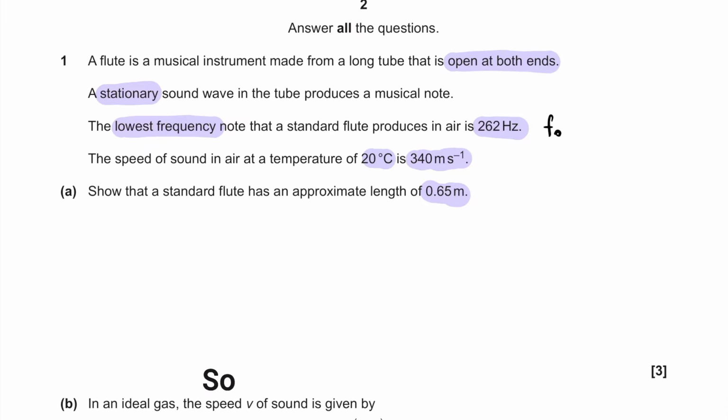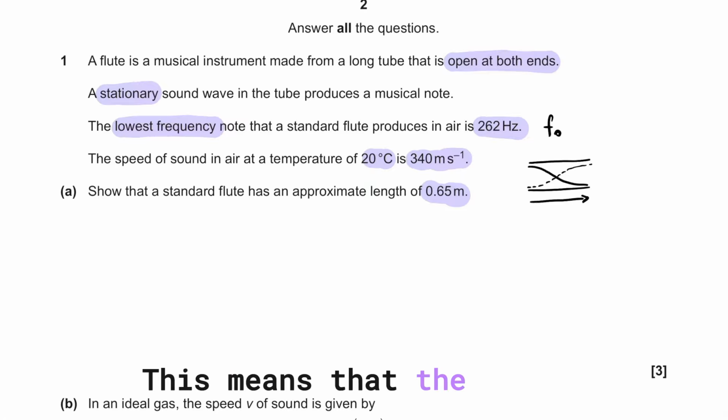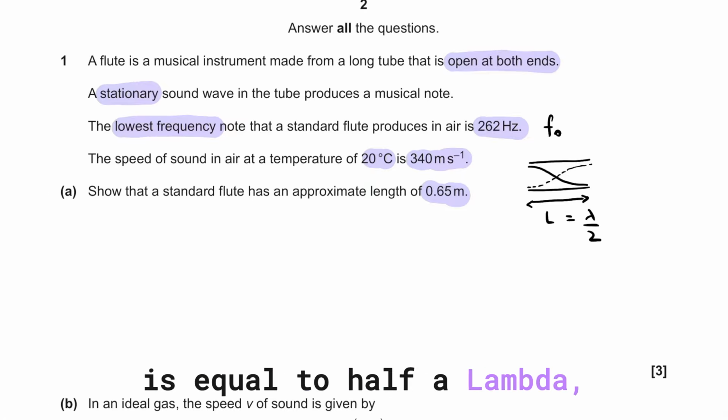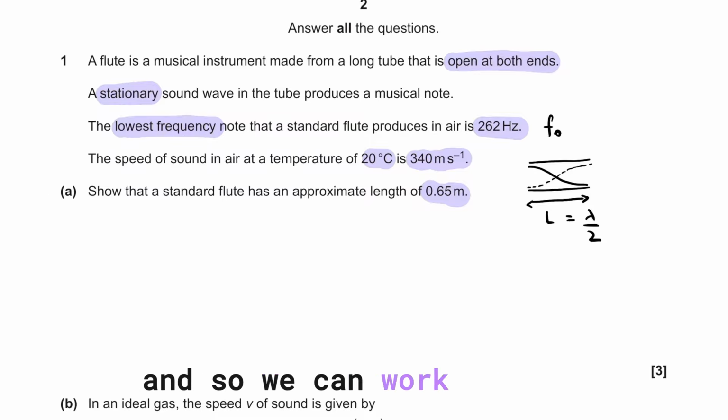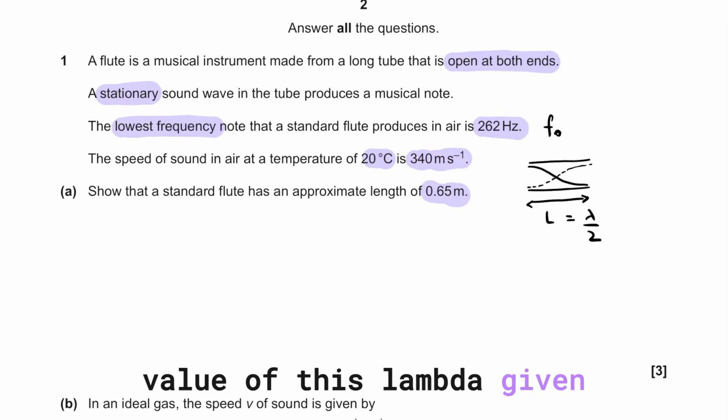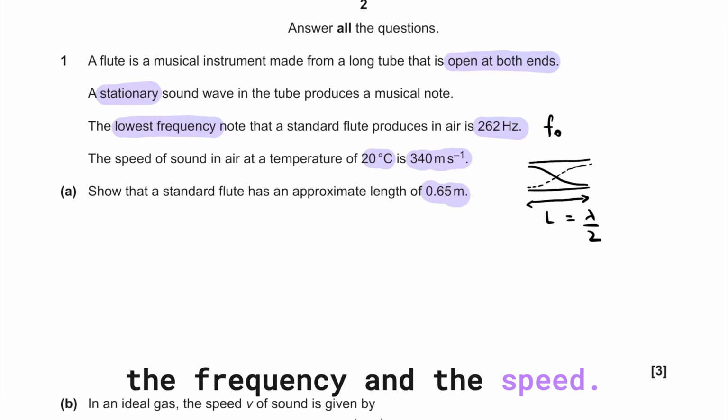So, firstly, we know that if you have two open ends, at the fundamental frequency, the wave would look something like this. This means that the length is equal to half a lambda. And so we can work out the value of this lambda given the frequency and the speed.